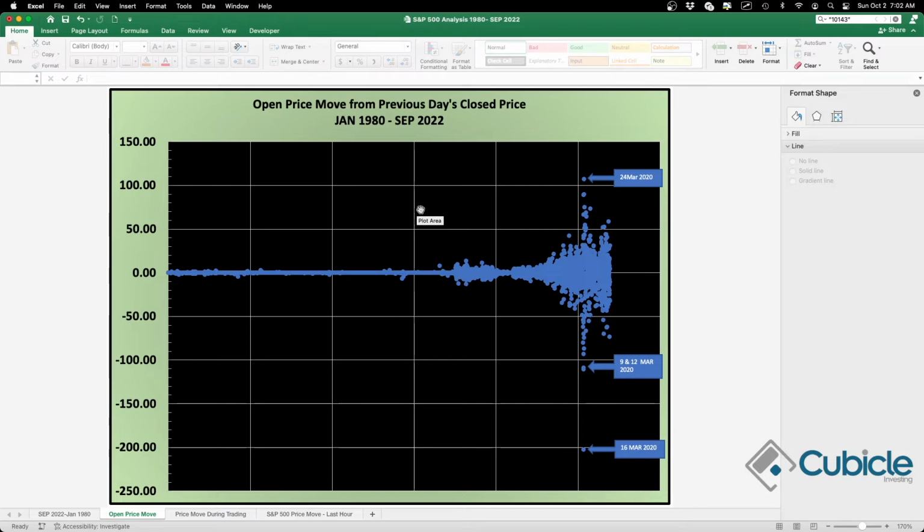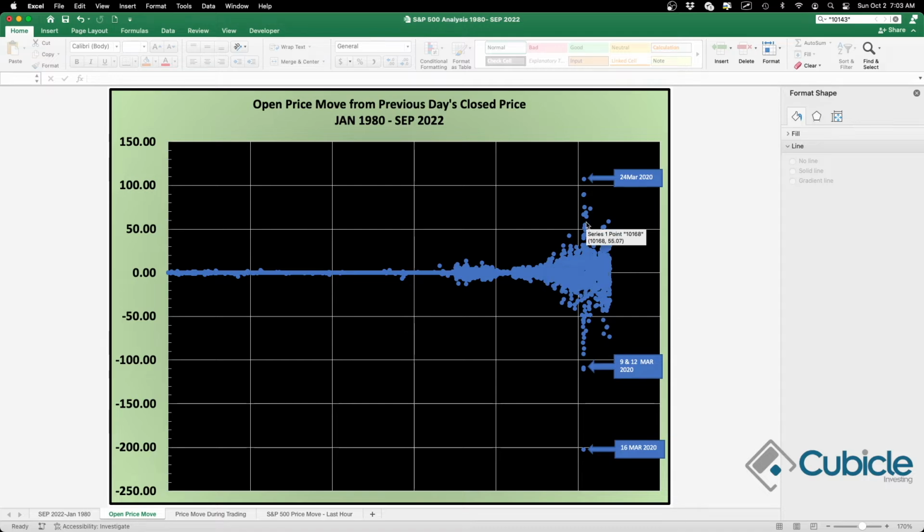And so again, this scatter plot diagram looks at comparing the previous day's close with the next day's open, so looking at the delta or the difference. And as you can see here, on average, the market opens plus or minus 50 points up or down from the previous day's close.